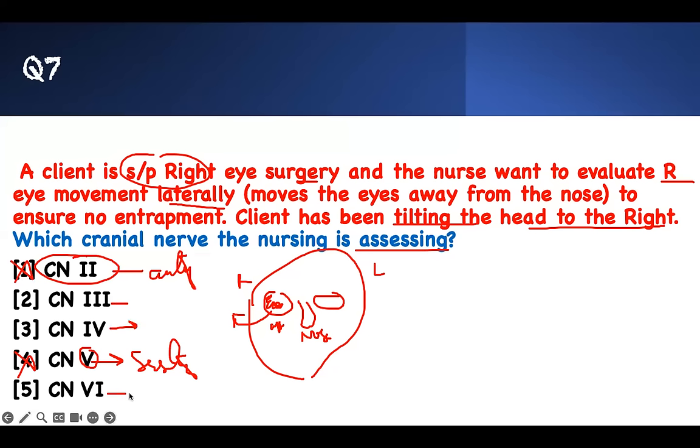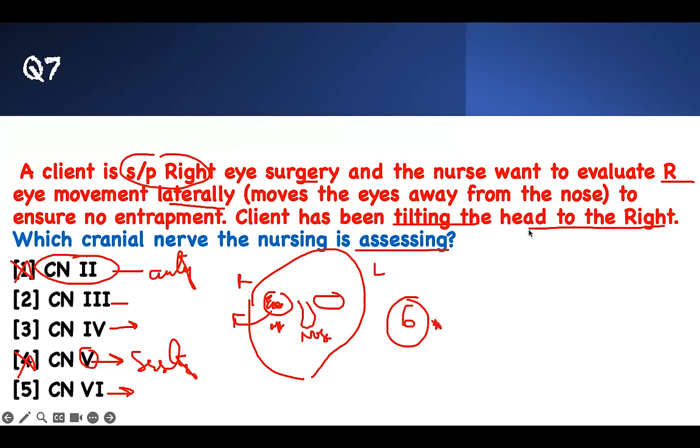4, and 6. These are the cranial nerves that move the eyes. So that's why this question takes a little bit of thinking. There are 3 cranial nerves that move the eyes: 3, 4, and 6. The one that moves the eye away from the nose is what? 6. And when the 6 is affected, your head will move towards the side that is affected.